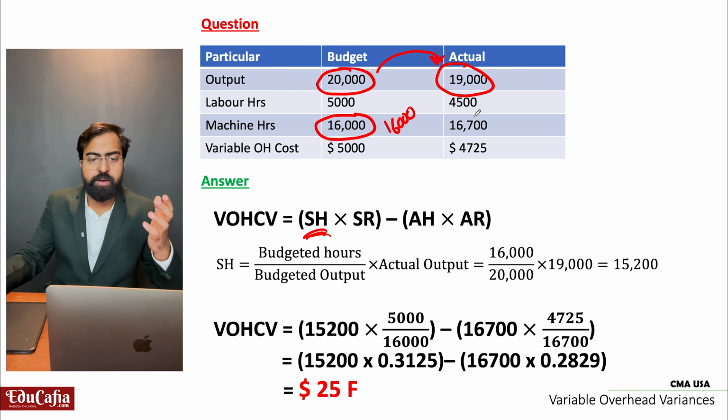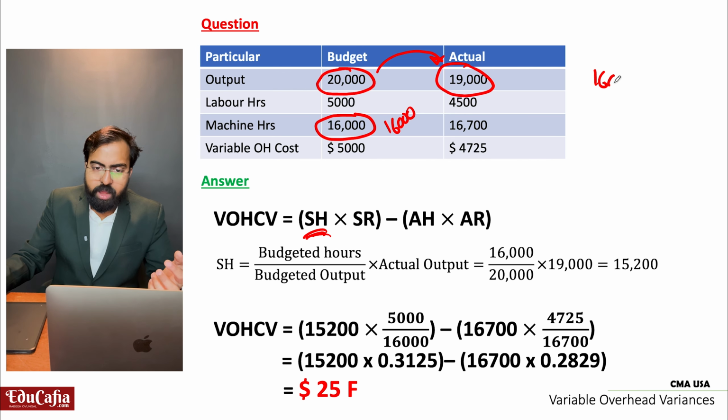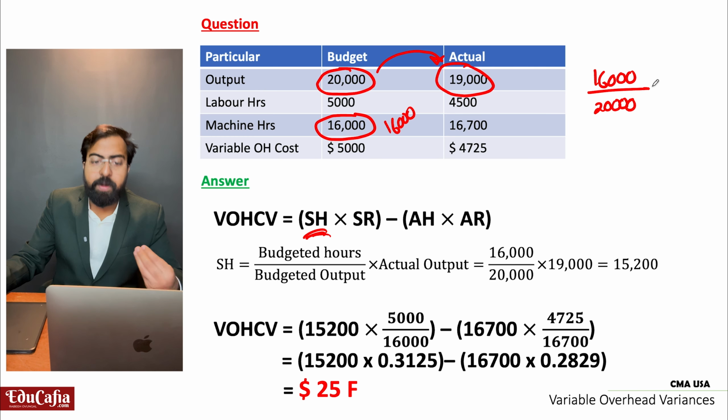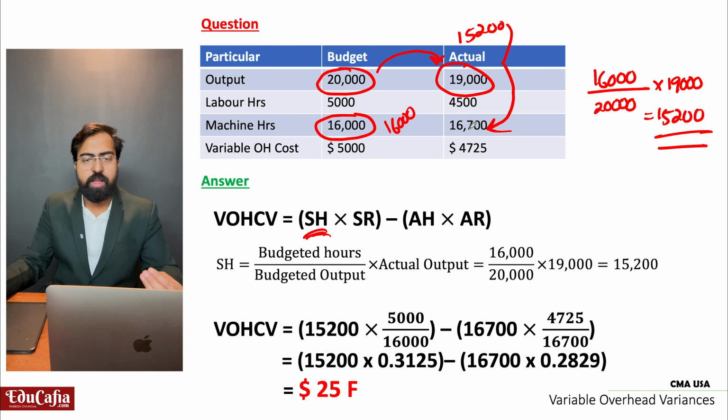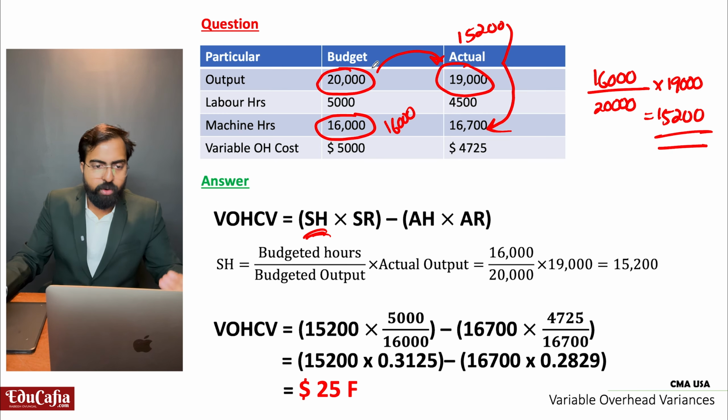How will we convert? This 16,000 hours was for 20,000 output. We get the hours per unit, then multiply by the actual 19,000, and we get 15,200. So only 15,200 hours are required for the actual output.